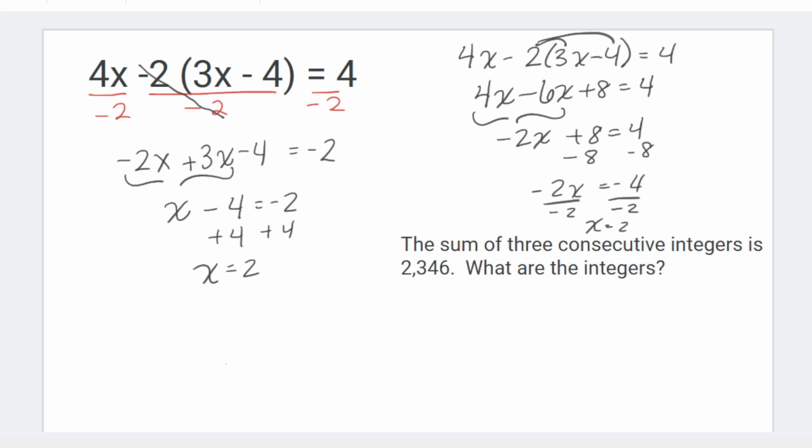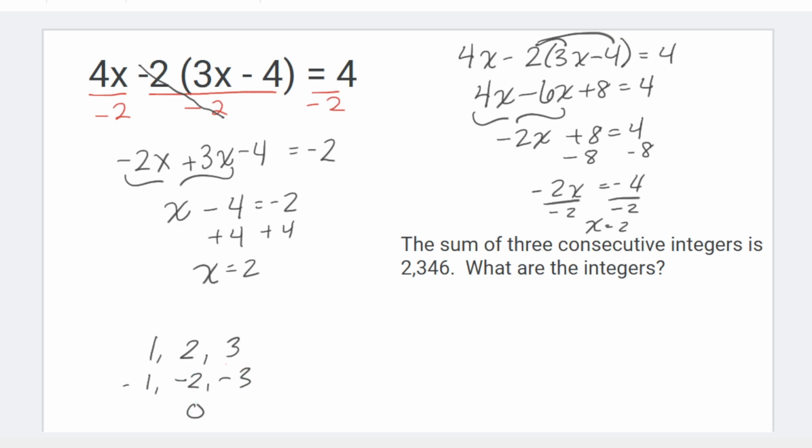The other problem that's in this section deals with what are called consecutive integers. So an integer is a counting number, such as 1, 2, 3, but it also includes the negatives, and it includes 0. So there aren't any fractions or parts or decimals.